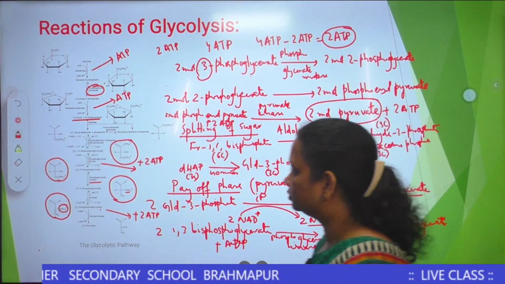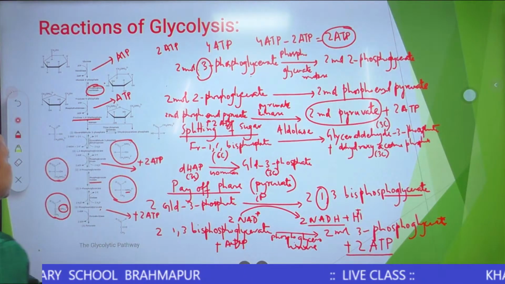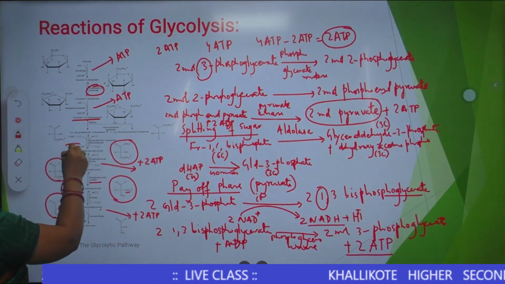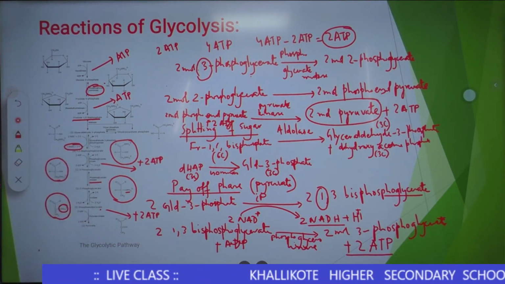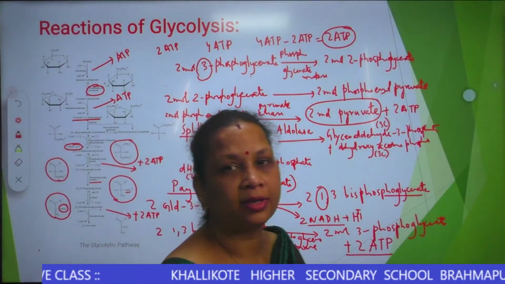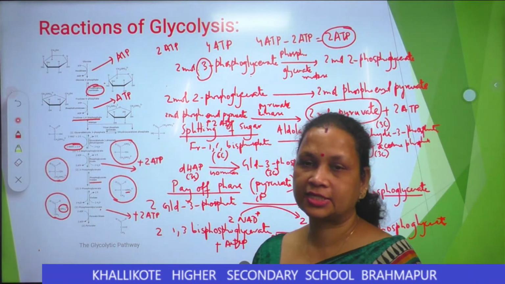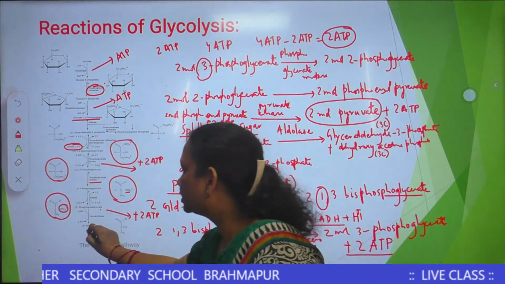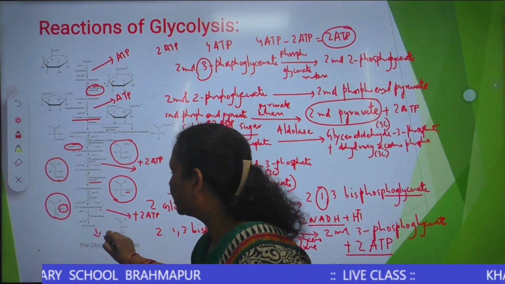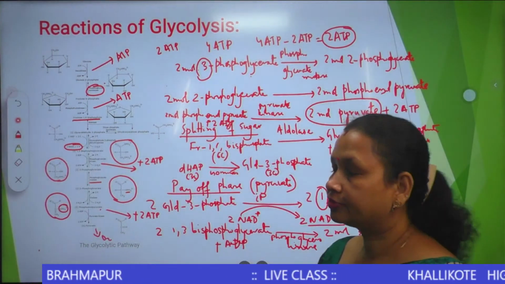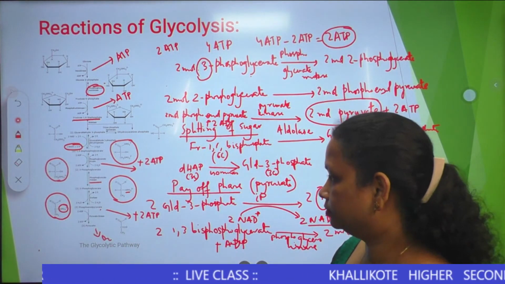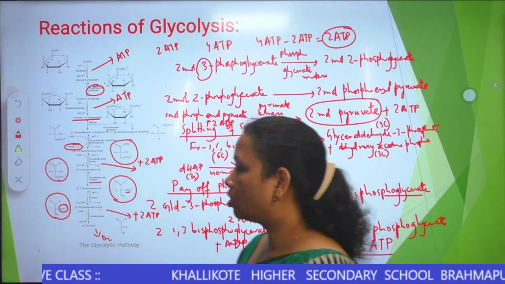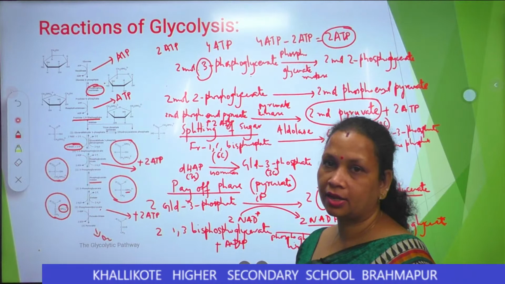Then NADH molecules. So, here we are getting 2 NADH molecules. These NADH molecules can be used to produce extra ATP only if pyruvate enters into aerobic respiration. If there is aerobic respiration, the NADH molecules formed in this step can also liberate extra ATP.